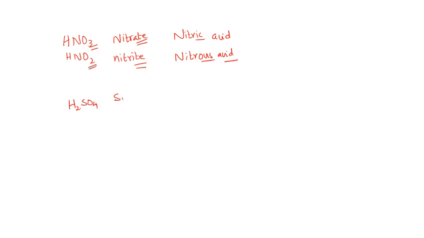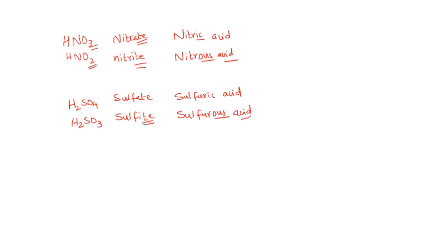We know that is sulfate, ATE, and then we name this one as sulfuric acid. And if we have H2SO3, that is sulfite, ITE ending, and then we have to change the name to sulfurous acid. So that's a difference.